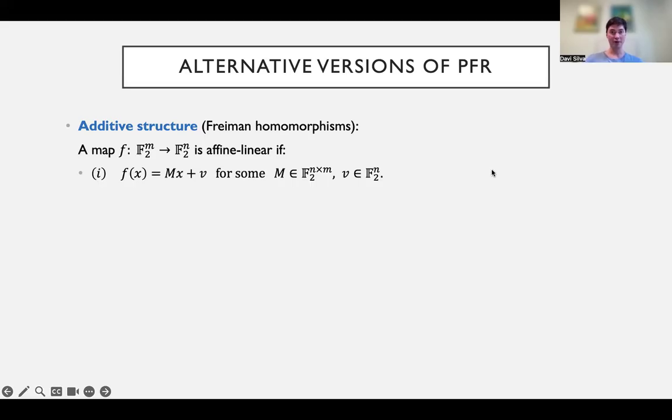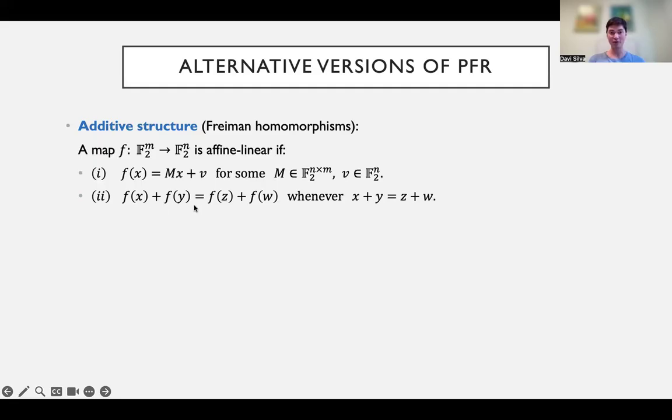However, there are different ways of formulating exactly the same notion. One of them is given by Freiman homomorphisms. So it says that whenever we have this additive relation, x plus y equals z plus w, f preserves this additive relation.